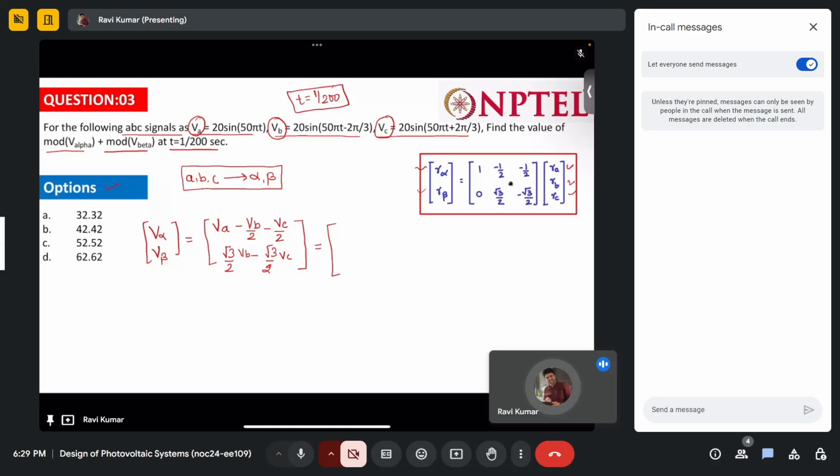So VA is 20 sine, I'm solving for 50 pi by 200, minus.